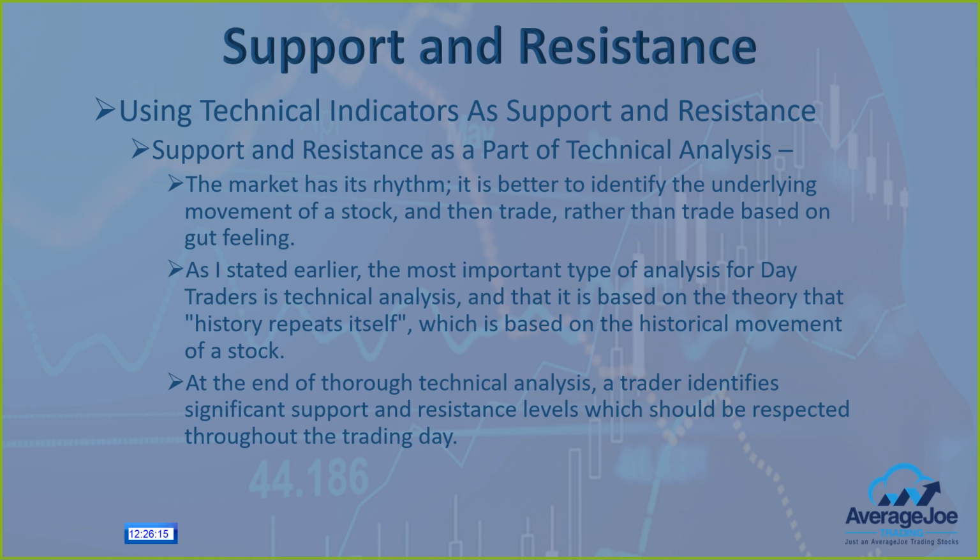Oftentimes, I have missed a level. So at that point, I've got a decision to make. If it's a weak level, I can just let it test it. If it's a strong level, then I need to really at that point either close it out or trade out or take profit. But that's the way it works.